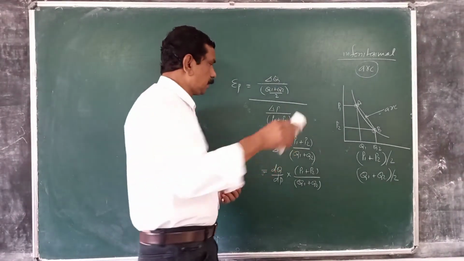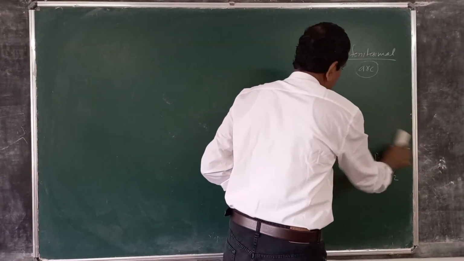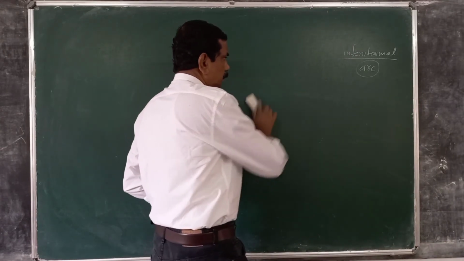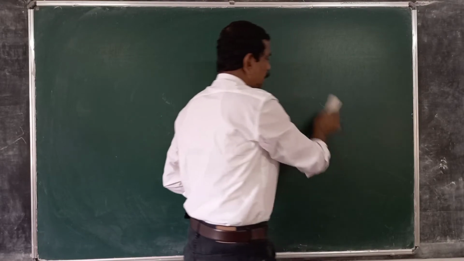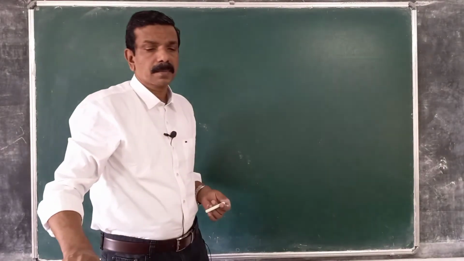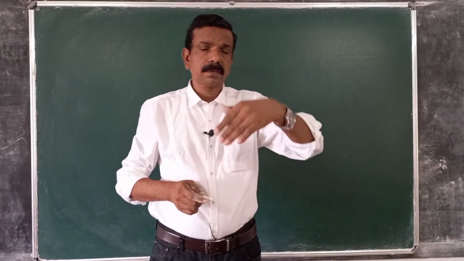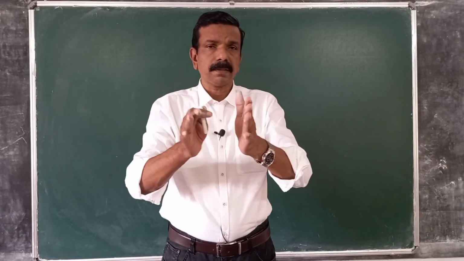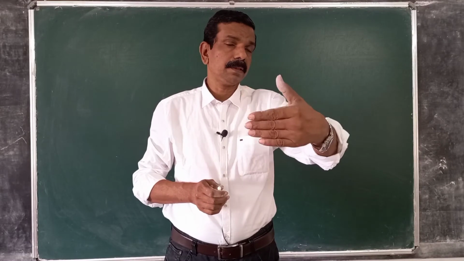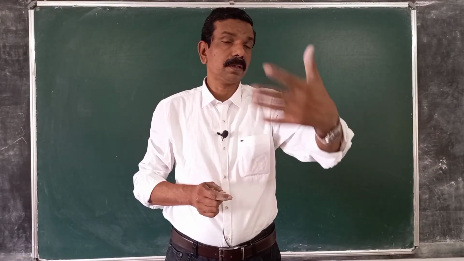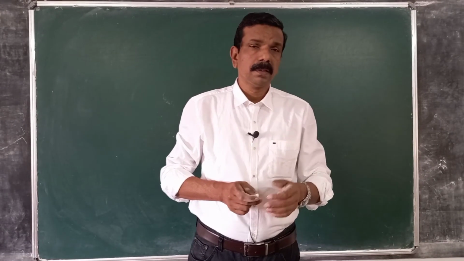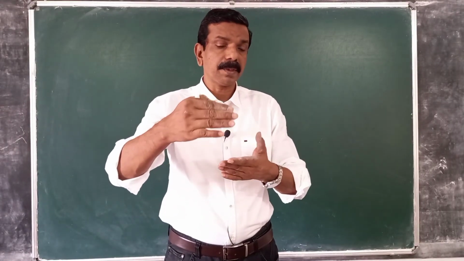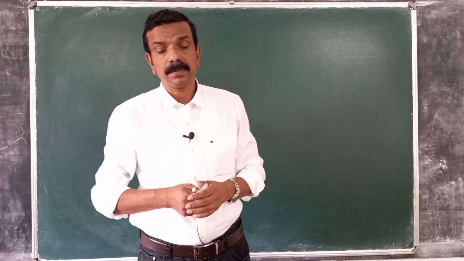Now, there is a third informal method to calculate elasticity, that is the total expenditure method. Again, it is introduced by Marshall. The total expenditure of the consumer is equal to the total revenue of the producer. You will get the same conclusion whether you consider it as total expenditure or total revenue.